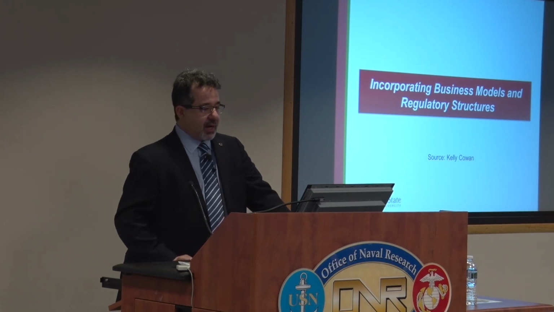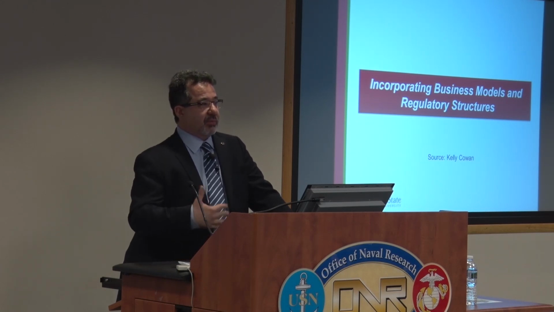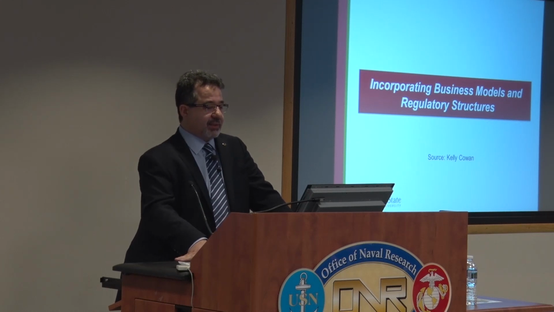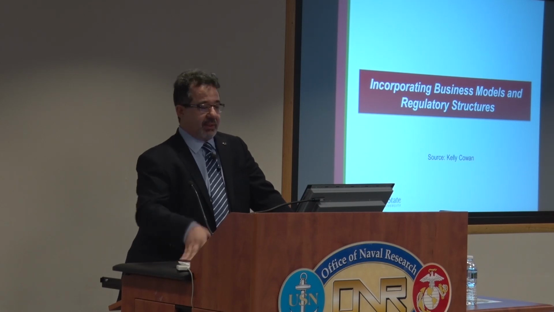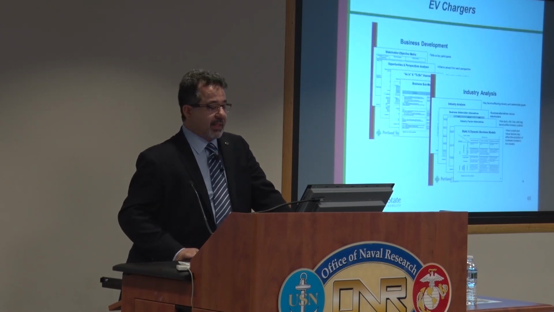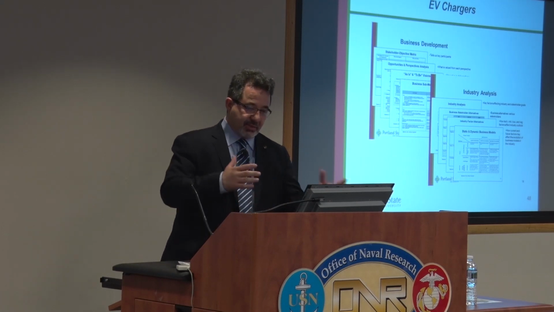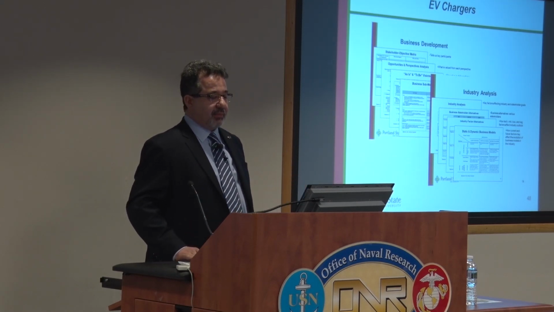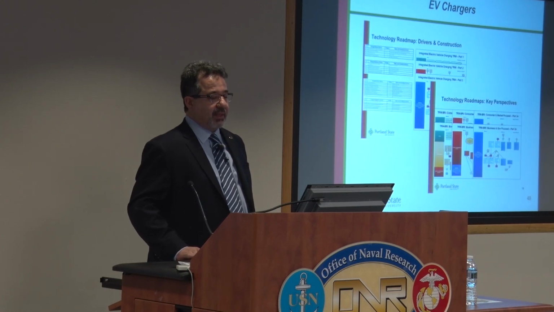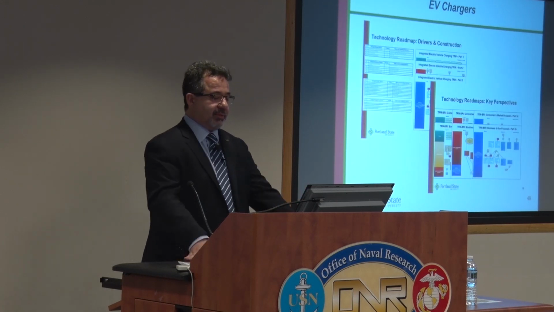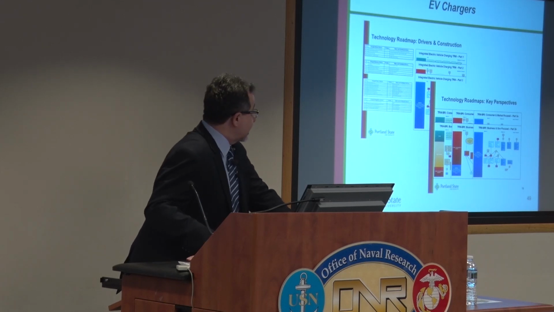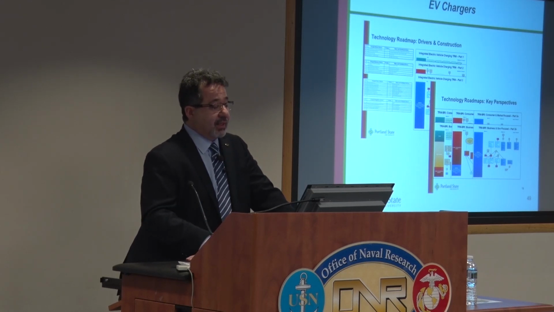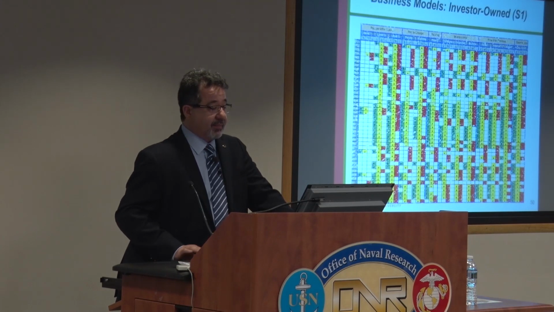One of them, Kelly Cowan, looked at how we can also incorporate business models and regulatory structures into roadmapping. Because, for example, once you're working on technologies, to help them be adopted, sometimes you need policies, right? So how can you incorporate them? In this case, he looked at electric vehicle chargers. He went through the initial analysis of identifying drivers and then coming up with roadmaps showing the technologies and the policies that are needed in different forms.